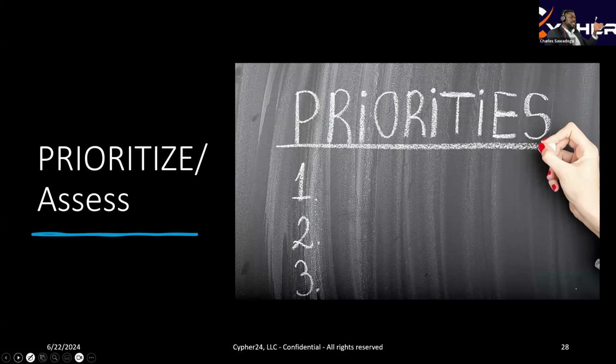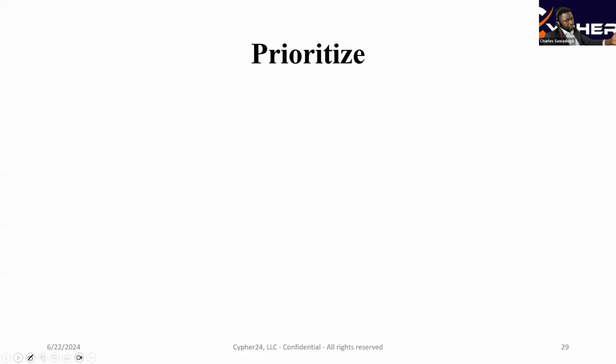A critical vulnerability will be prioritized over a low vulnerability. If you have a vulnerability with a score of 9 and another with a score of 4, obviously we want you to prioritize the one with a score of 9 because it is critical.